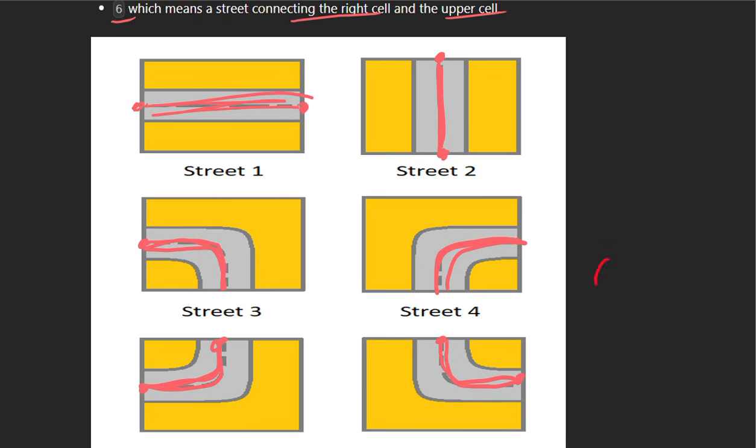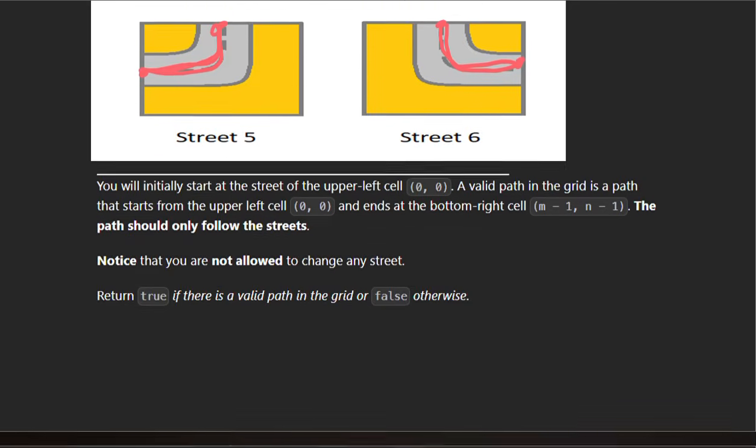So these are the 6 denotations of the different types of streets.